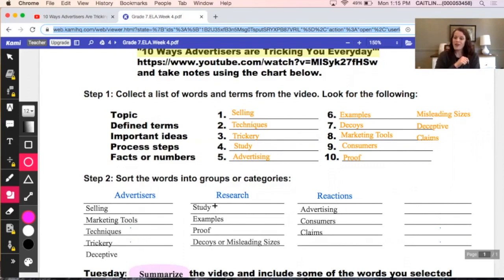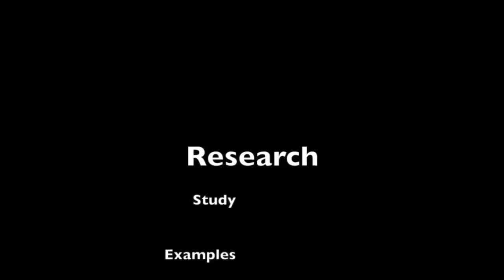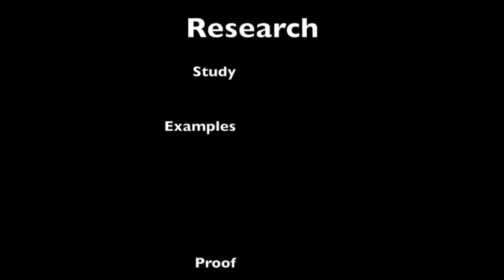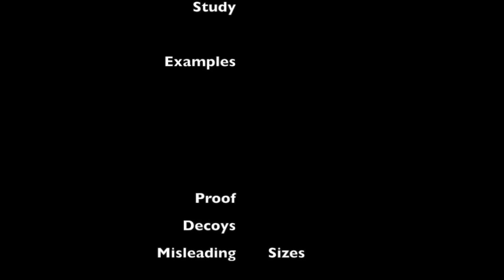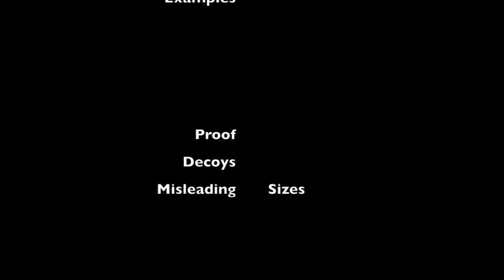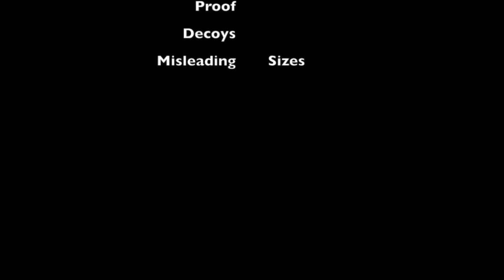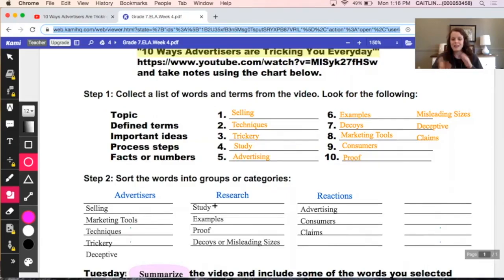The words that I put under research were study, examples, because we got the examples from the studies, proof, again, we get the proof from the research, and then decoys or misleading sizes.